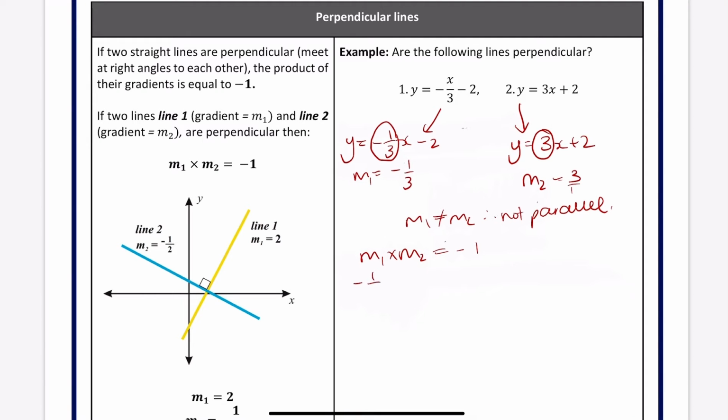Okay, so negative 1 over 3 times 3 equals, let's cross those out, negative 1 times 1 equals negative 1. So therefore, y equals negative x over 3 minus 2 and y equals 3x plus 2 are perpendicular.